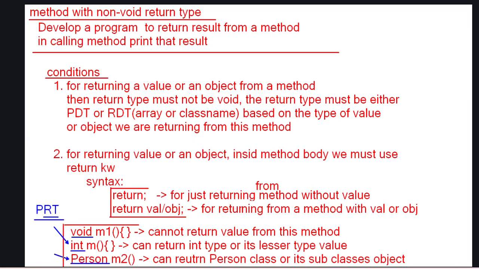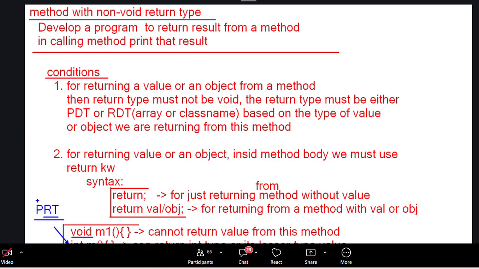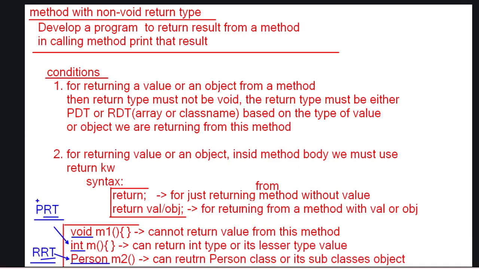Anybody tell me, Person? RRT. Reference return type. Primitive data type, reference data type. Primitive return type, reference return type. If I use a data type with a variable, we call it data type. If we use a data type with a method, then we call it return type, not primitive, not data type.